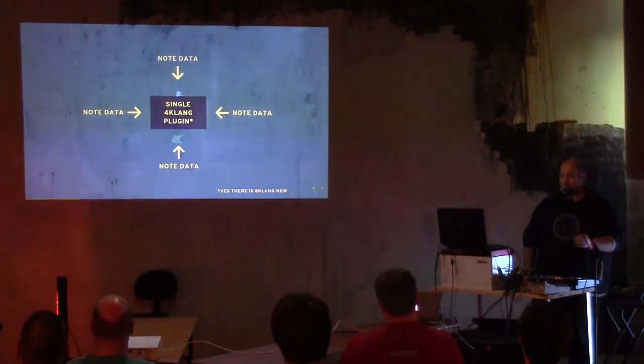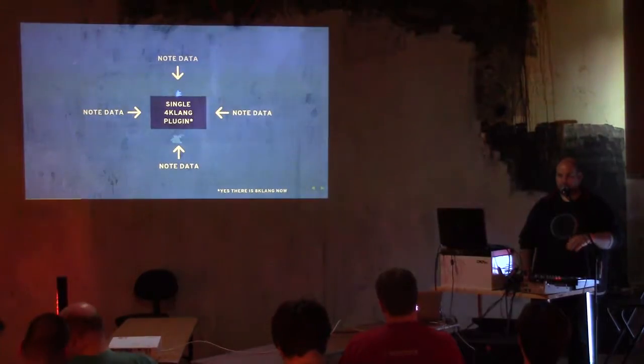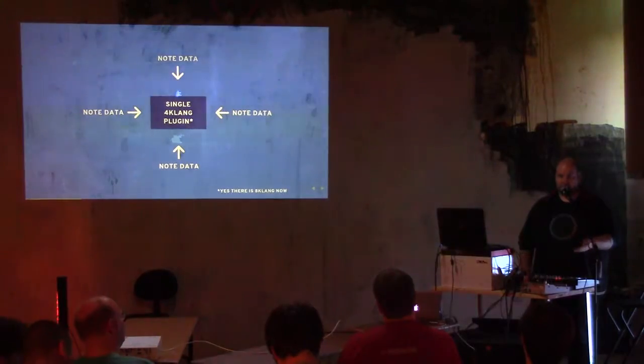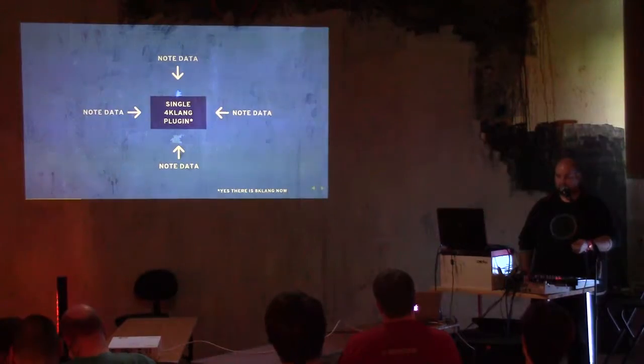So what happens then is you send note data on different MIDI channels to the plugin, and that gets turned into sound there. You have only one instance of the plugin, and all the note data from the MIDI channels you can route as you wish, depending on your host. I'm using Ableton Live. I can just set it up in the track. I have a track target for the MIDI data.